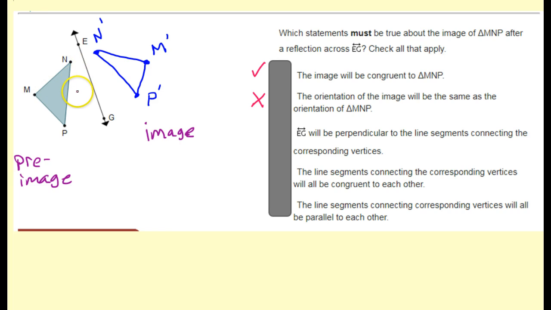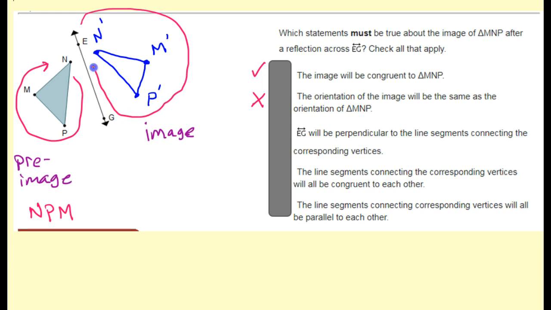Notice if I went clockwise around this triangle, it would be like N, P, M. Now, what if I went clockwise around this triangle?